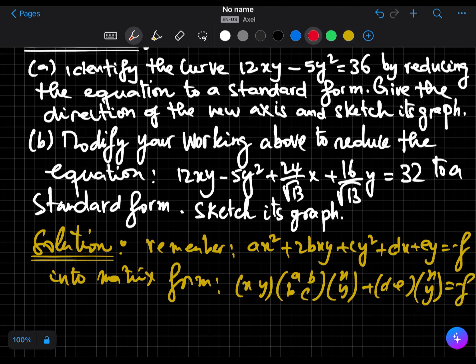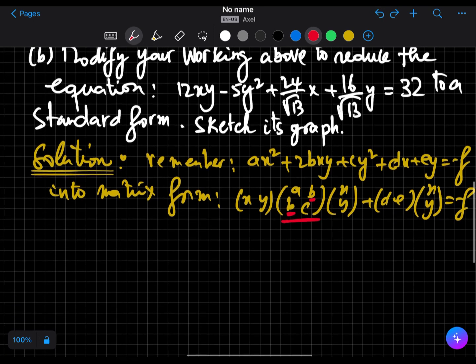You can quickly realize that you have b here and b here. Therefore, this matrix A is symmetric, so it is diagonalizable.